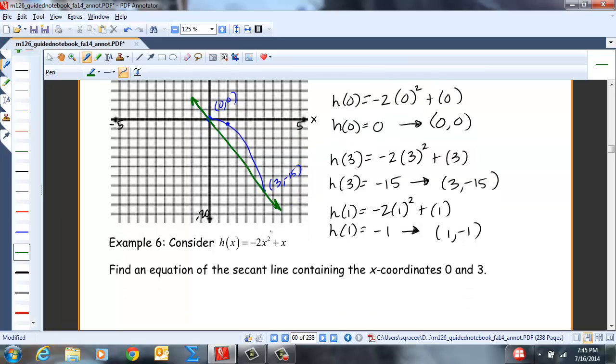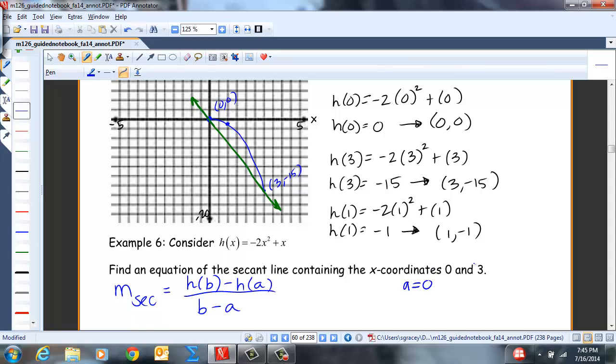We've already gotten a lot of the information. So the slope of the secant line is going to be equal to, our function is named h, so h of b minus h of a divided by b minus a. Well, we already got that information.